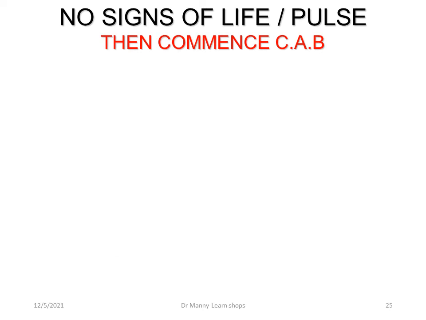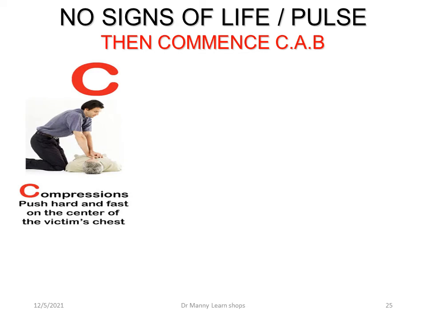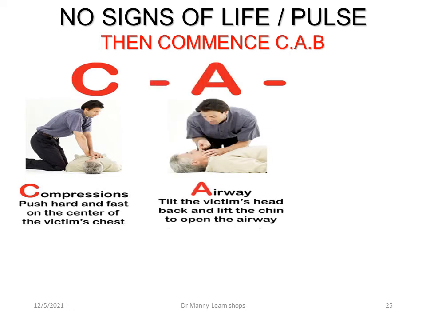No signs of life or pulse, then commence CAB. CAB is the acronym for, not new now, but for the recommended sequence of events when doing life support. C. Compressions, push hard and fast on the center of the victim's chest. A. Tilt the victim's head back and lift the chin to open up the airway.